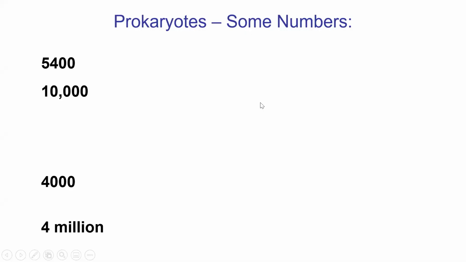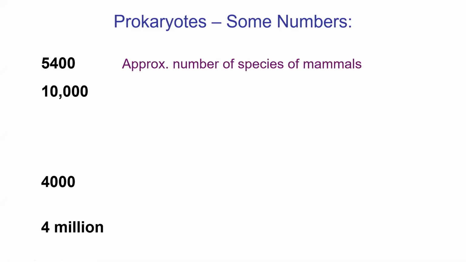So let's start off, and I'll show you some numbers on some different organisms here. First number, 5,400. Believe it or not, that's about the approximate number of species of mammals on the planet. And probably nobody knows this, but about 1,000 of those species are actually bats. Isn't that crazy? About 20% of all mammals are bats.